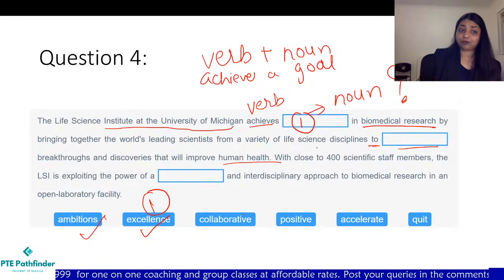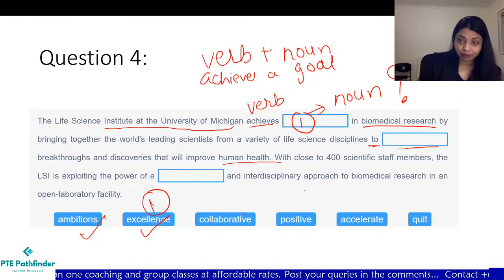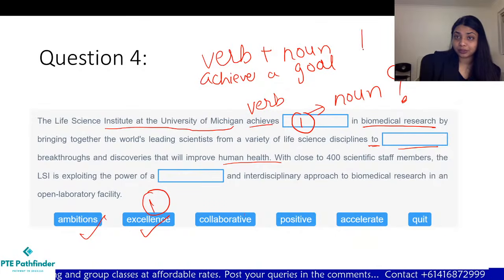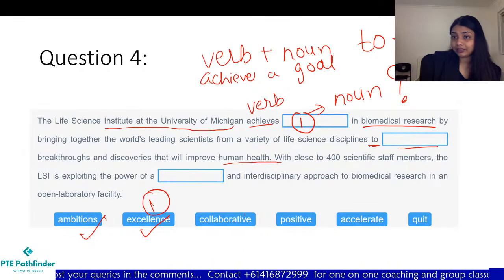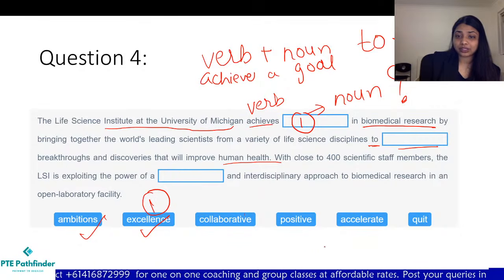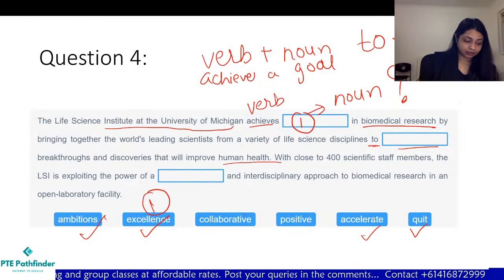So breakthroughs, right? So remember the grammar rule. Whenever there is a blank after to, we need a verb 1, right? The first form of the verb. So if you look at the answer options, we have some verbs here such as quit, accelerate, right?